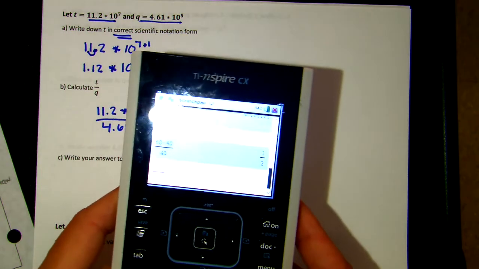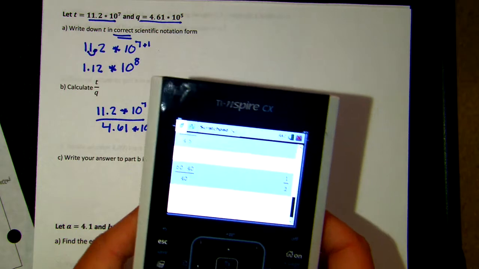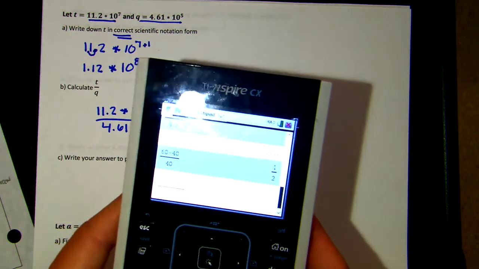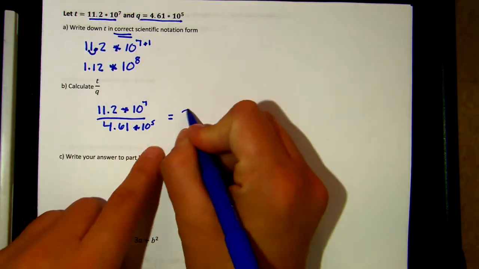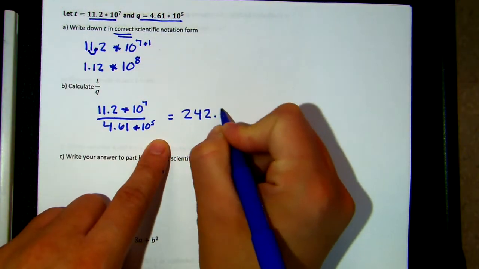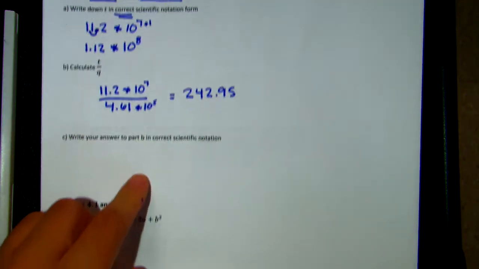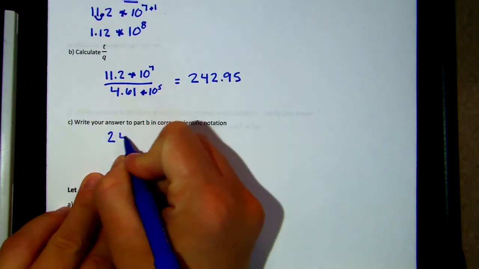So 11.2 times 10 to the power of 7, over 4.61 times 10 to the power of 5, and I get 242.95.